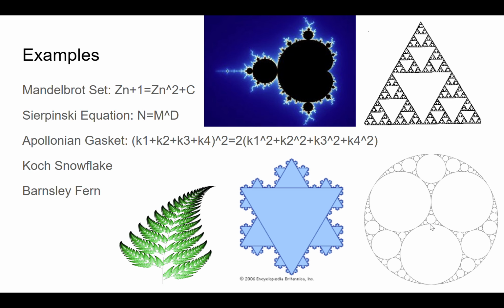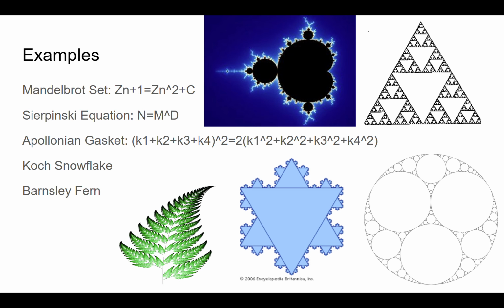There is also the Apollonian gasket, denoted by the formula (K1 + K2 + K3 + K4) squared is equal to 2 multiplied by the same thing, but with K1 squared plus K2 squared plus K3 squared plus K4 squared. It's somewhat similar to the Sierpinski triangle, but instead composed of a seemingly infinite array of tangent circles.